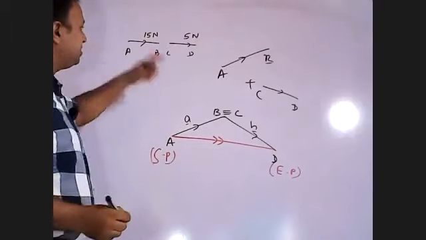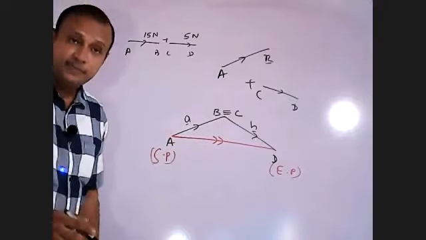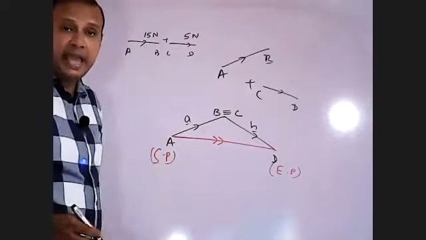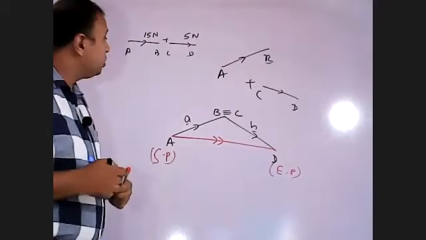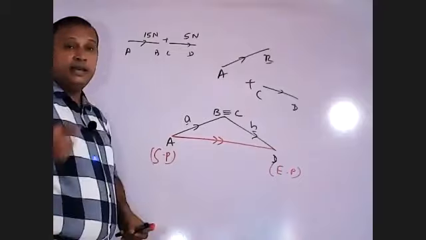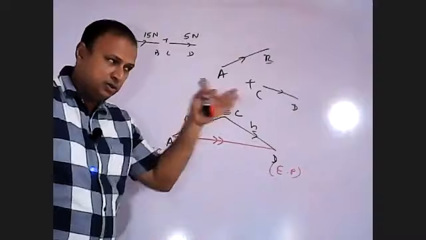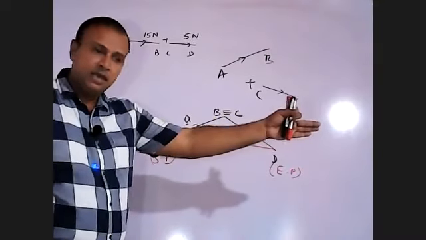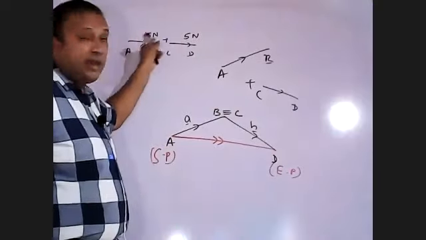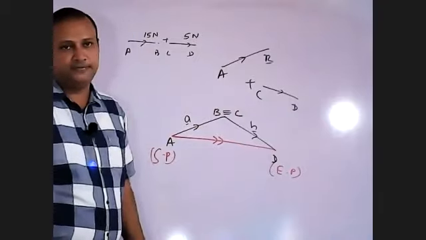So what is the addition of these two vectors? That is 20 Newton to the direction of A to D. So when I am adding two vectors in same direction, I have to add the two magnitudes to get the magnitude of the addition vector.